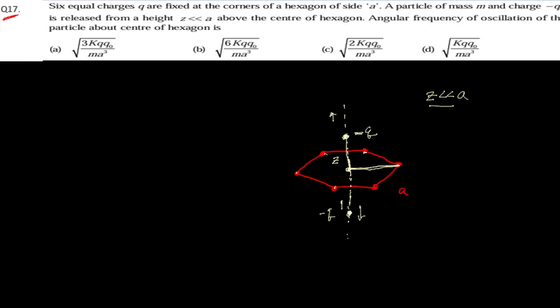If we connect all 6 charges by a circle of radius a, like this, we see that 6 identical point charges are placed symmetrically on a circular loop of radius a. Then what will be the electric field on the axis of this circular loop?